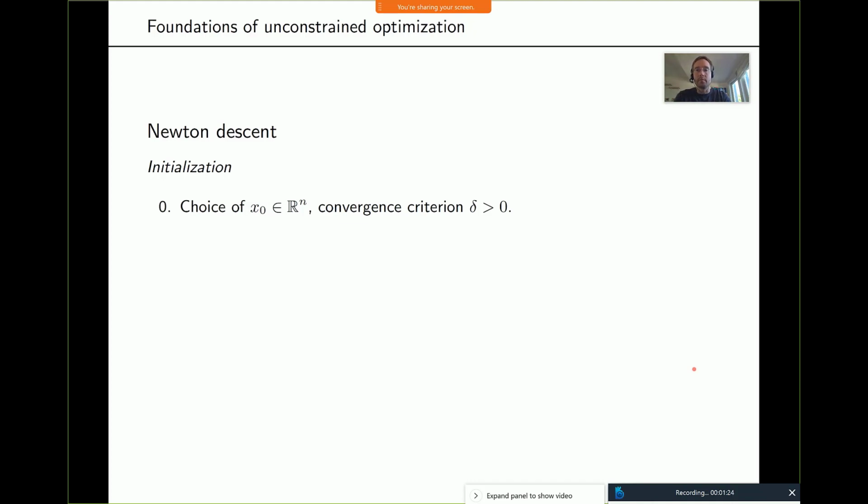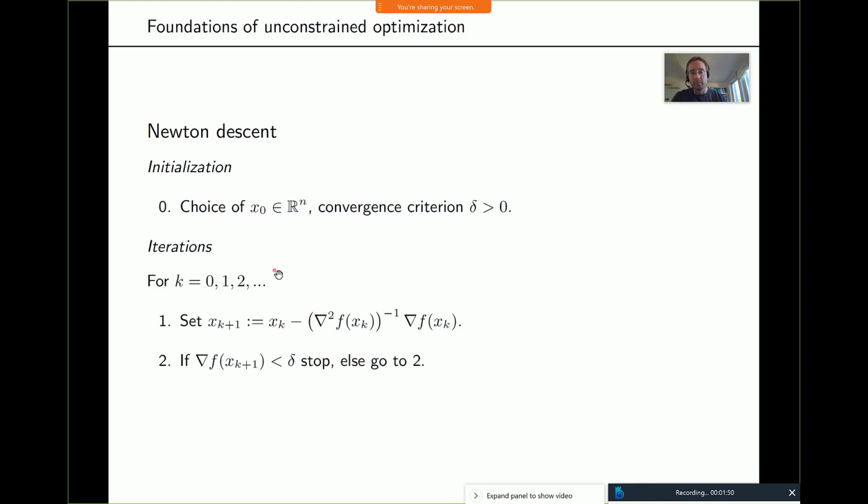And Newton descent is also just an optimization algorithm. But it's different from gradient descent, hence Newton descent, and will be discussed now. So again, it starts with some initialization, like all optimization algorithms, with some x0 and the choice of a convergence criterion.